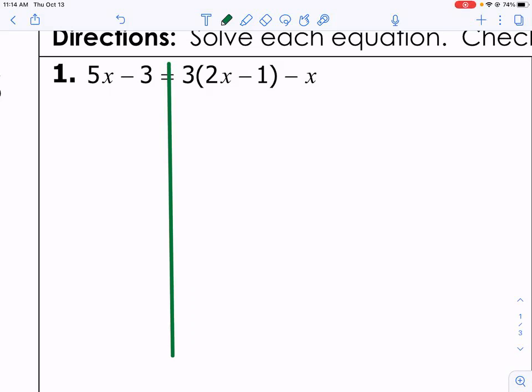Totally cool to work with your elbow partner. -3 and you still have that -6. Yep, so now you should combine like terms on that right side, okay?